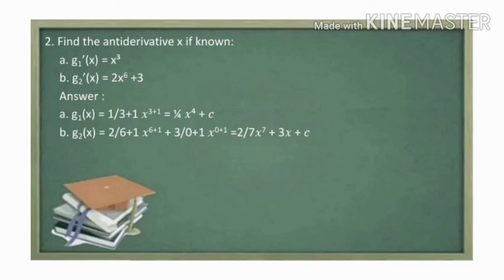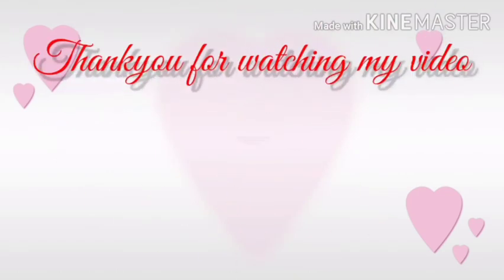B. G2(x) equals 2 over 6 plus 1 times x^(6+1) plus 3 over 0 plus 1 times x^(0+1) equals 2/7 x^7 plus 3x plus c.